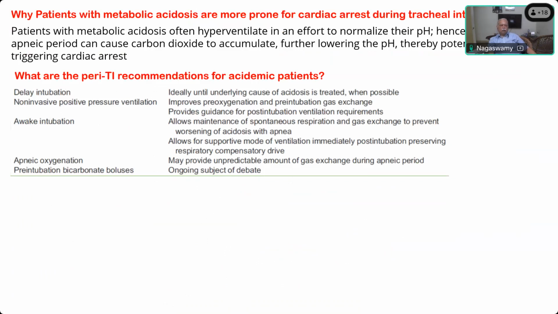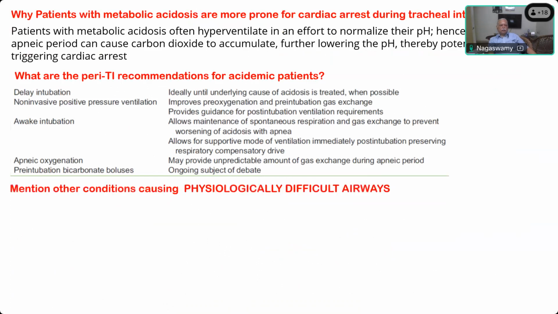Or straight away go for awake intubation under topical anesthesia without any paralysis or sedation. And apneic oxygenation may provide an unpredictable amount of gas exchange during the apneic period. So that is still not a recommended thing. And peri-intubation bicarb boluses are a subject of debate.